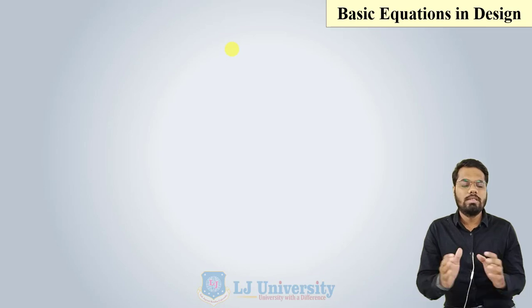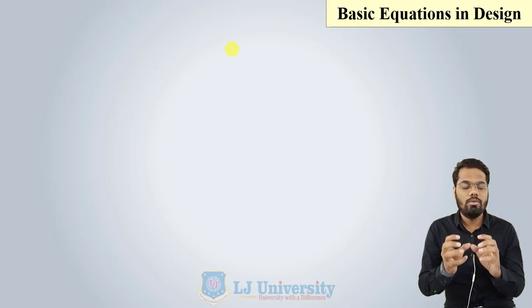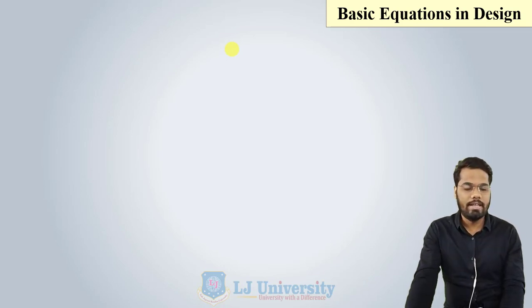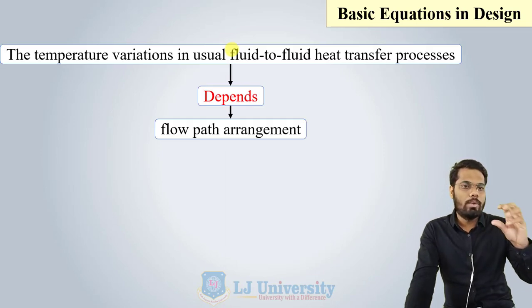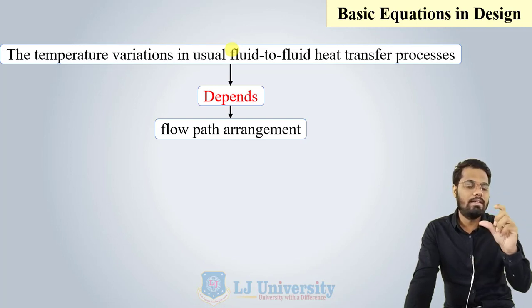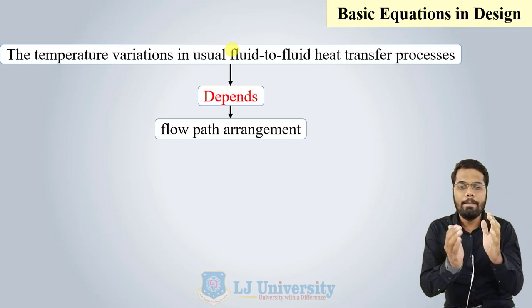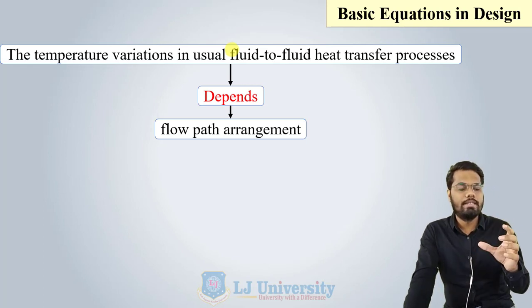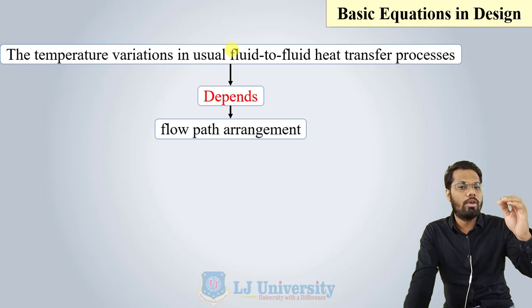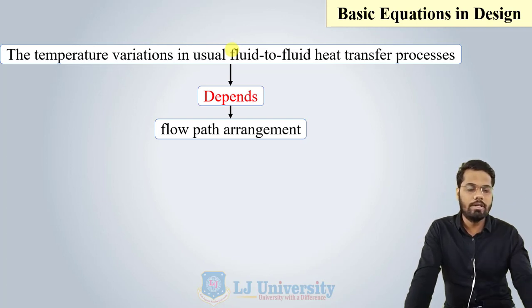Now we are going to discuss some basic equations which are used in the design of any heat exchanger. We know that the temperature variation, or the temperature difference between the two fluids in a heat exchanger, mainly depends on the flow path arrangement. For a counter flow heat exchanger, the temperature differences between the hot fluid and cold fluid at different locations are different.